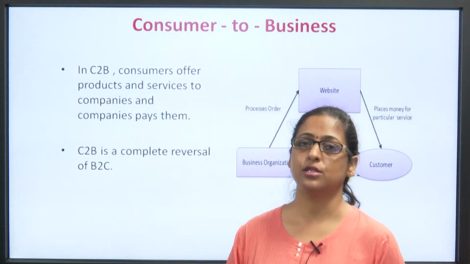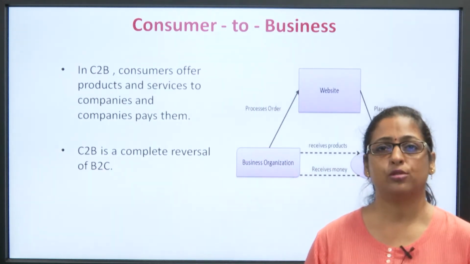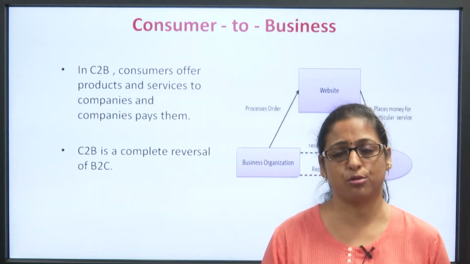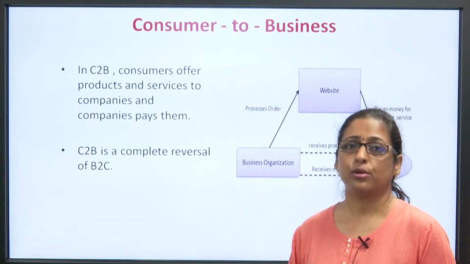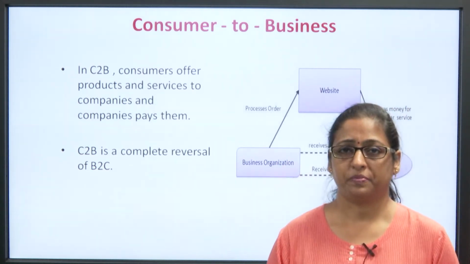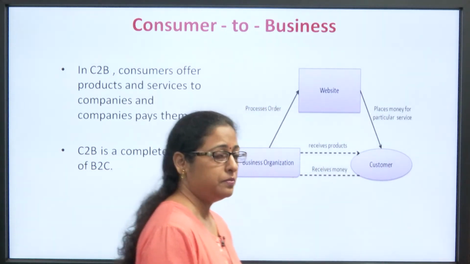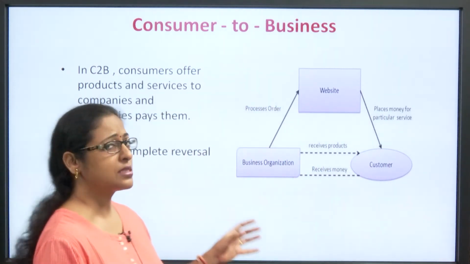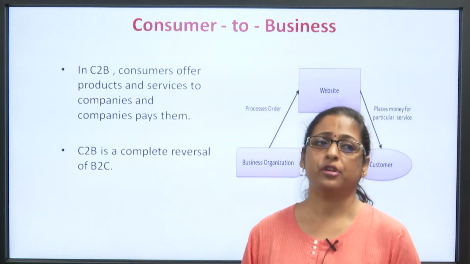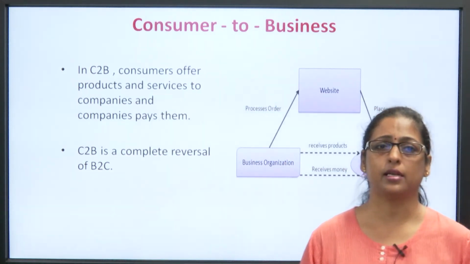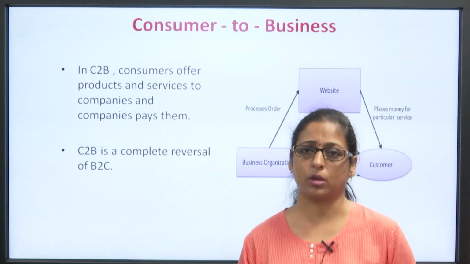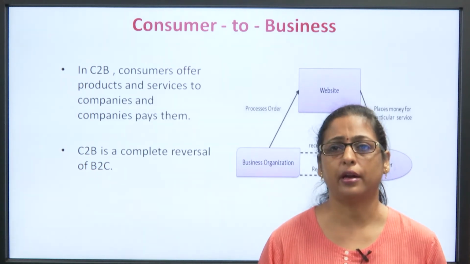Then we have the C2B kind of relationship. C2B is customer to business. So, this is basically just the opposite of B2C. Over here what happens is that the customer is having a certain product which the company feels is of relevance to the business, and so they are ready to purchase.